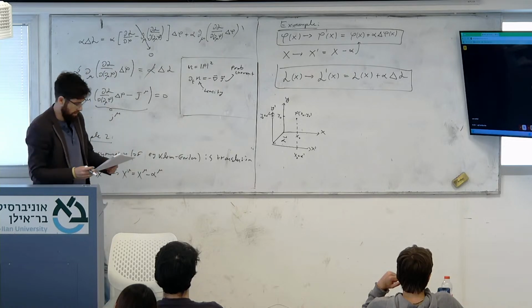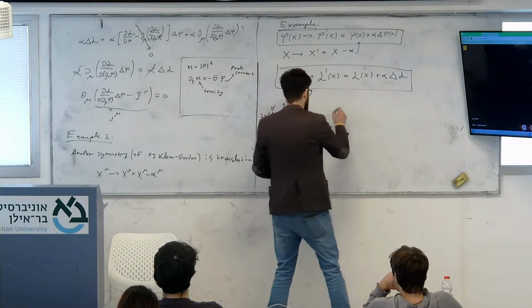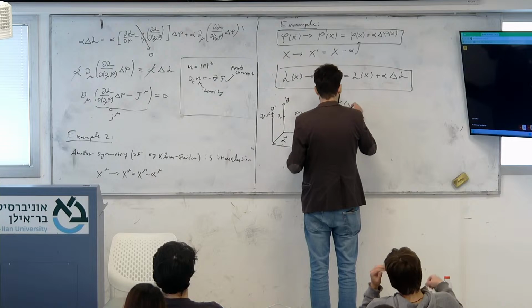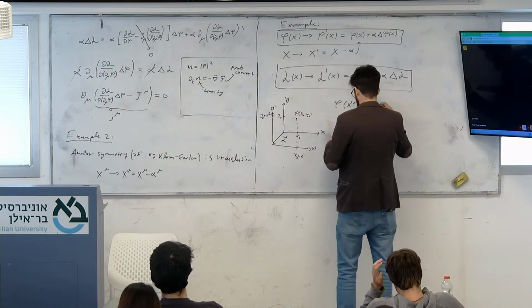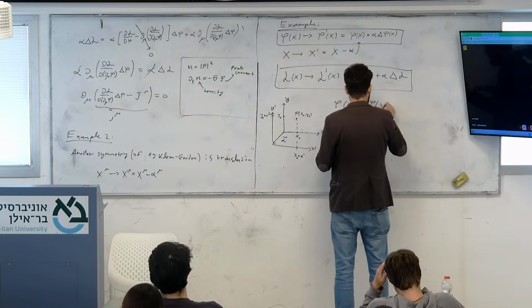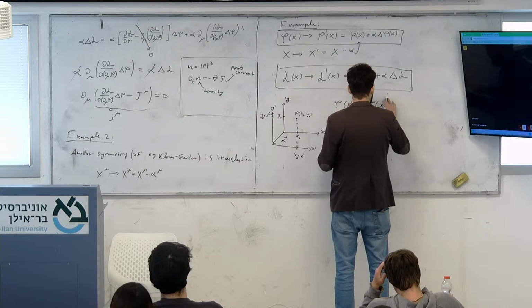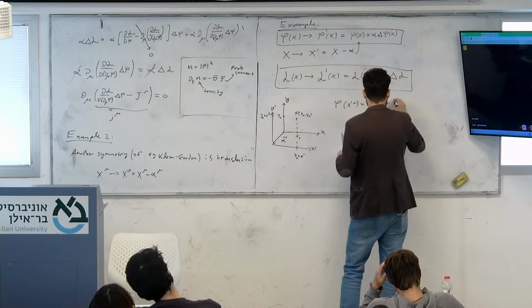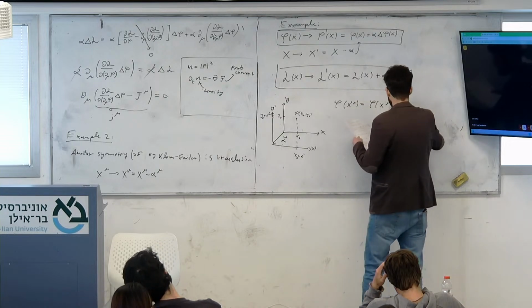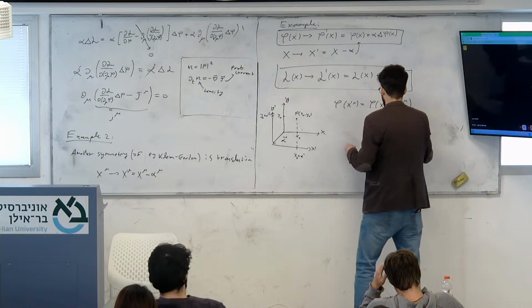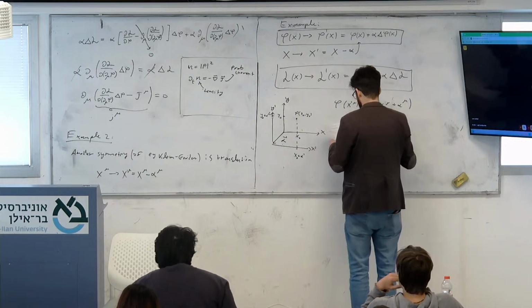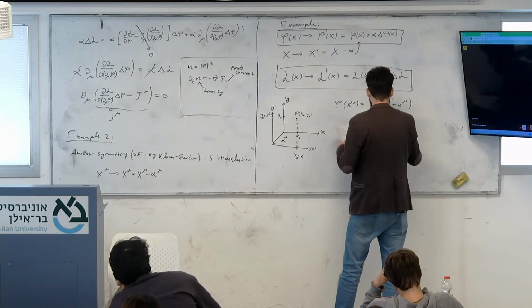Okay, so that implies that phi of x mu prime is equal to phi of x mu plus alpha mu, which is approximately phi of x mu.